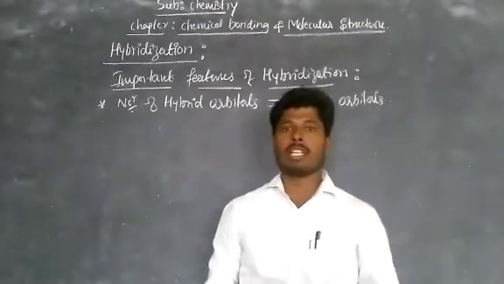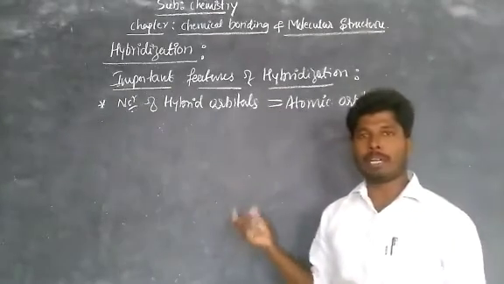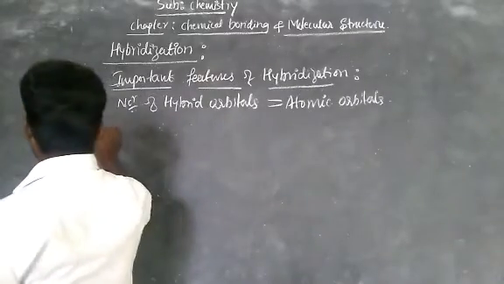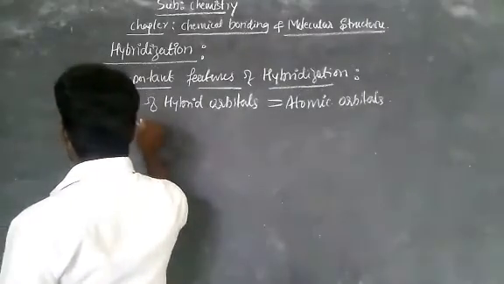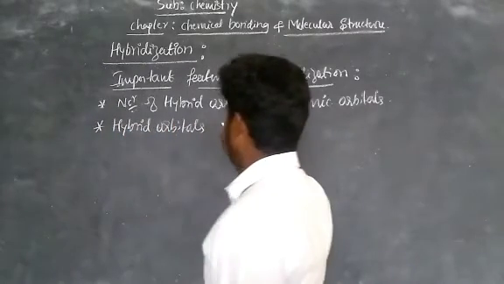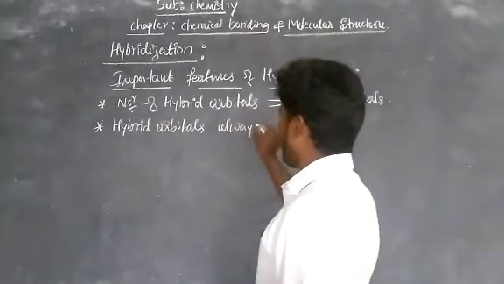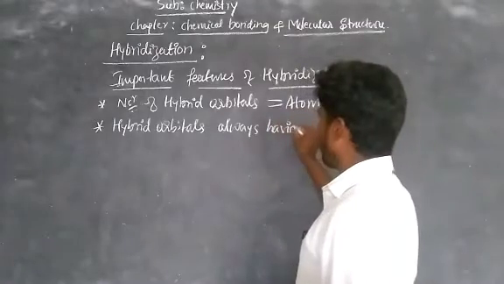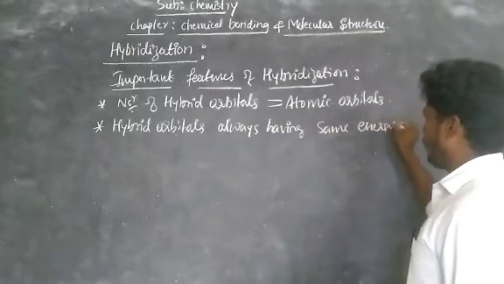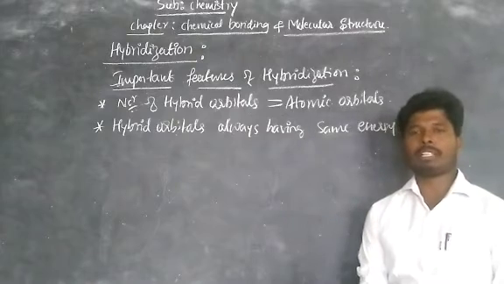Got it, students? Then the second one: hybrid orbitals always have equal energy. The resultant hybrid orbitals have the same energy.